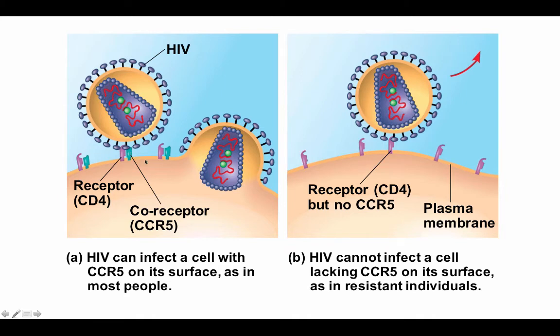And if it doesn't have that receptor protein, this co-receptor, in this case, the CCR5, it's not going to be able to bond and it's not going to be able to gain entry to the cell. So these can have huge implications in cell functioning and health of organisms.